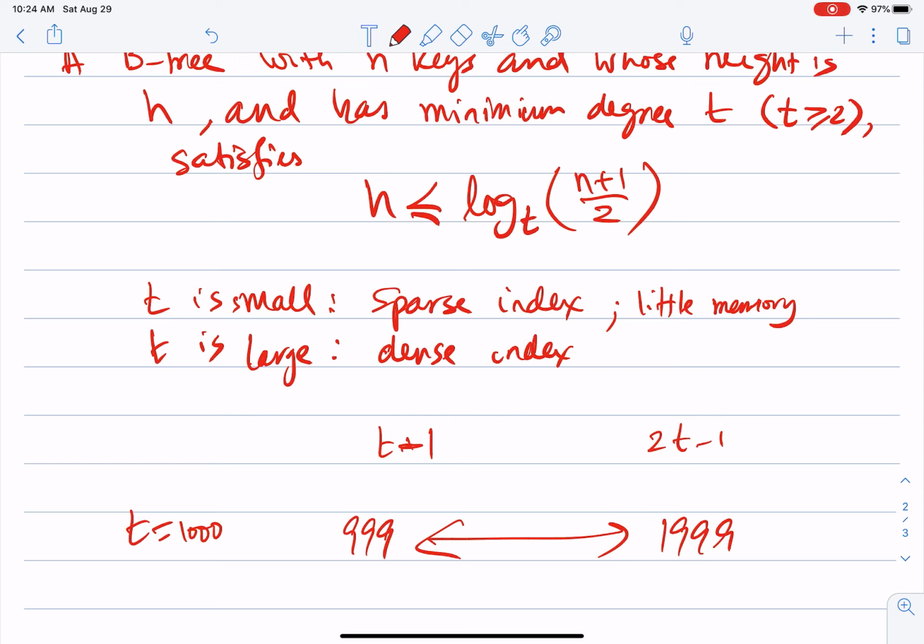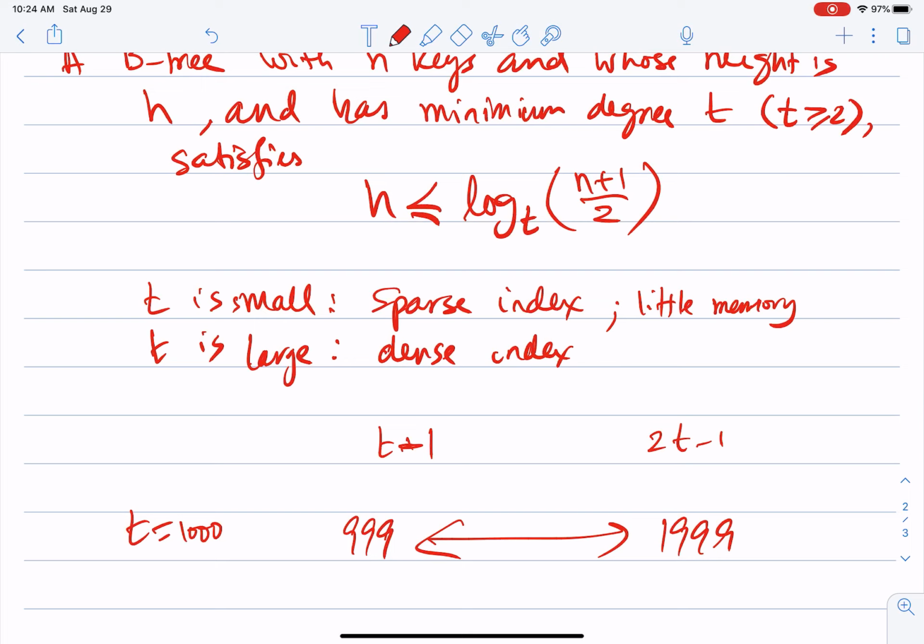So we could define a node that has 999 keys, or go all the way to almost 2000 keys. So we can have lots of nodes that have close to 1000 keys, and basically we are wasting so much space there because we are not utilizing anything with these keys there.